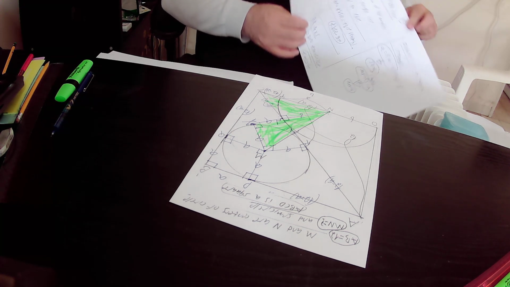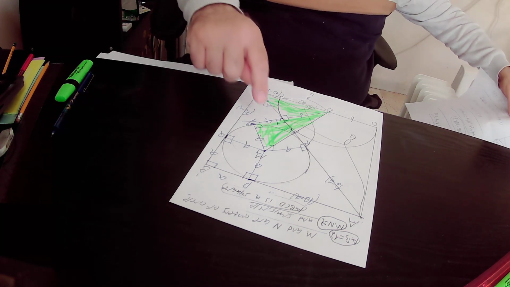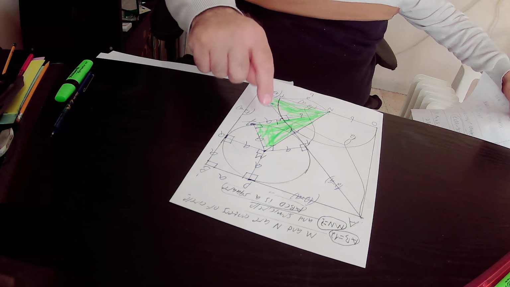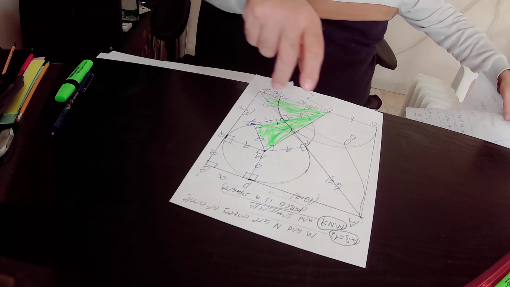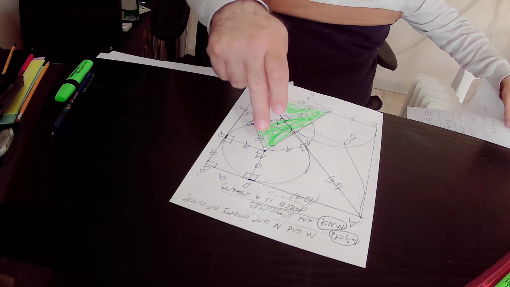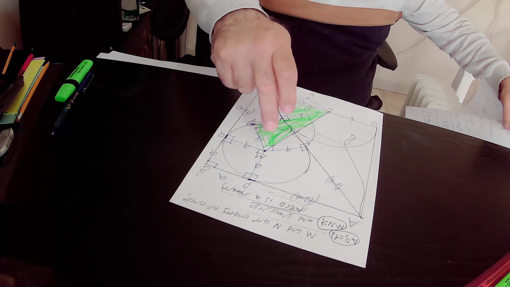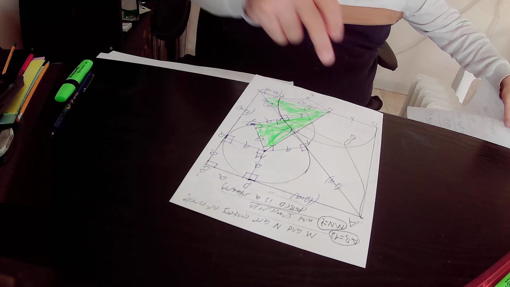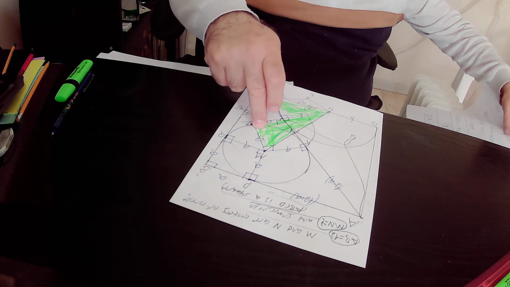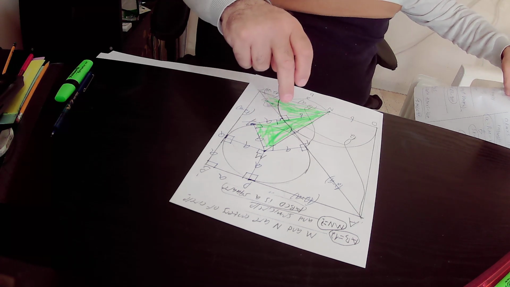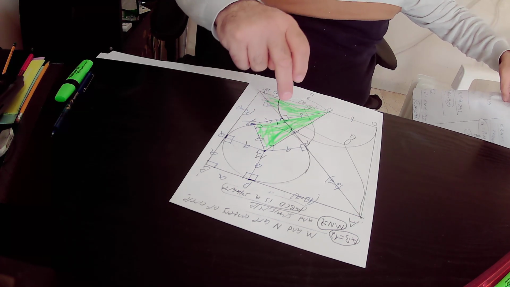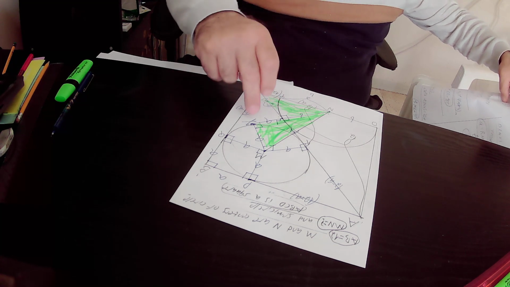Okay, then because angle MXN equals 90 degrees, the green triangle MXN is a right triangle because it has one angle that equals 90 degrees. So we can implement the Pythagoras theorem on the right green triangle NMX.